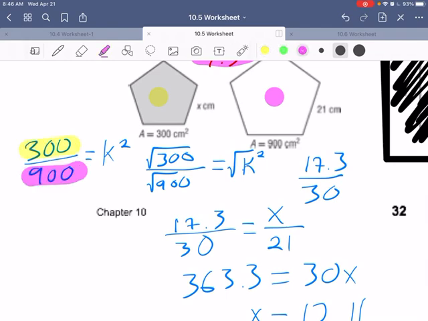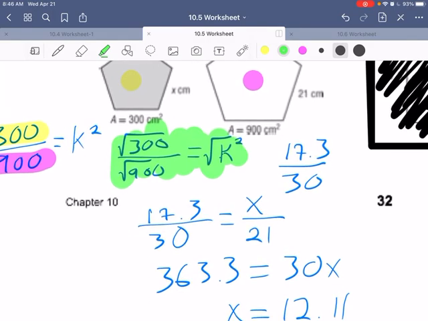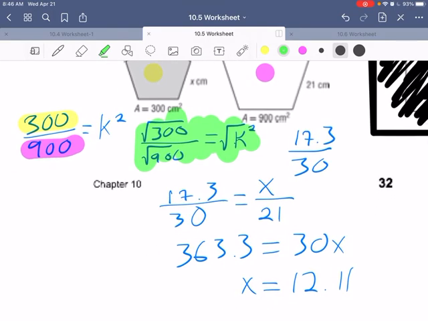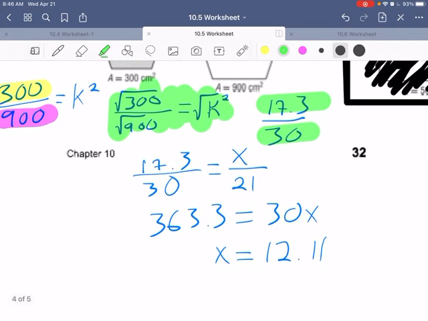And you can see here that we get the square root of 300 over the square root of 900, and that equals out to 17.3 over 30. We then put that in a proportion. 7.3 over 30 is equal to x over 21.